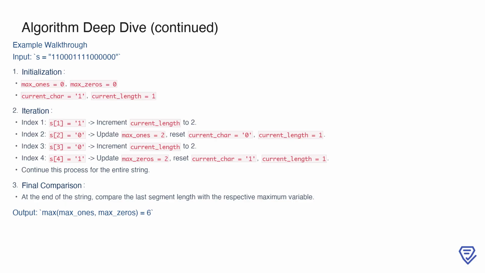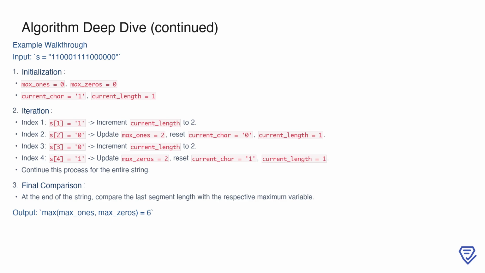At index 1, the character is 1, so we increment current_length to 2. At index 2, the character changes to 0, signaling the end of the 1 segment. We update max_1s to 2, reset current_char to 0, and set current_length to 1. This process continues, comparing and updating the maximum lengths whenever a segment ends.